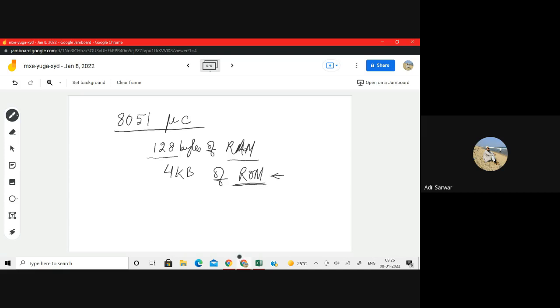ROM is read-only memory. This is random access memory. Read-only memory is the permanent memory wherein the codes or the programs are stored. While RAM is a temporary or volatile memory, wherein data which are processed during programming are stored.